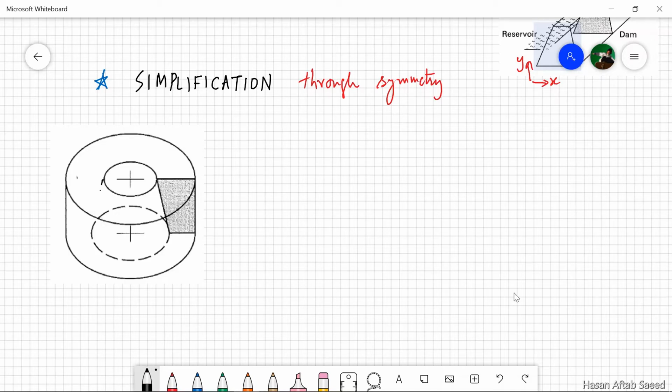Let's take this vessel or pipe which is subjected to an internal pressure. The internal pressure will be on all the walls. I'm just showing.